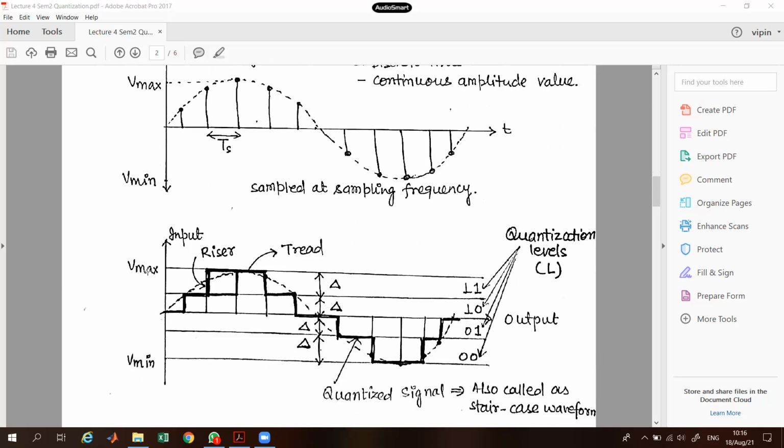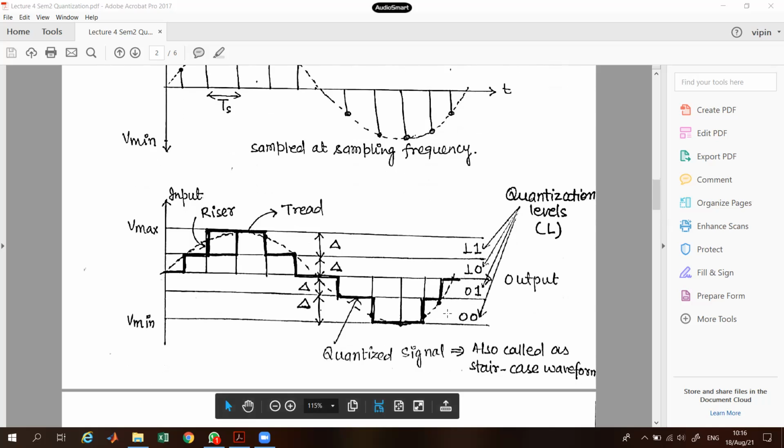Let's say my maximum value is V max, minimum value of amplitude is V minimum. So basically if I make a staircase from this, then it will be something like this. It goes like this and comes like this. So this is defined as my quantization error or the amplitude levels which we are doing here.